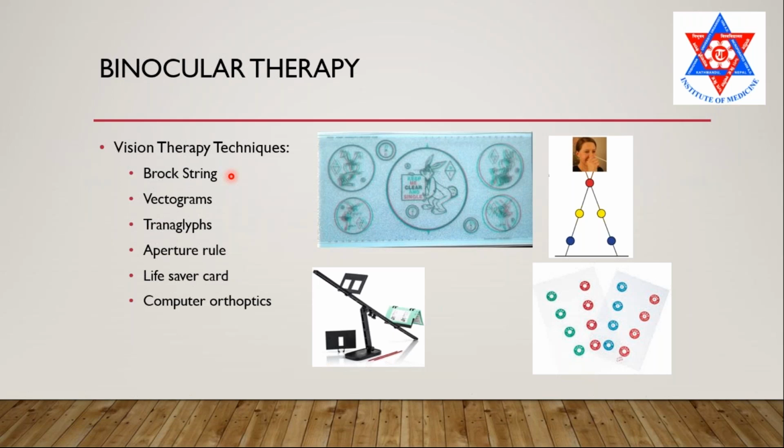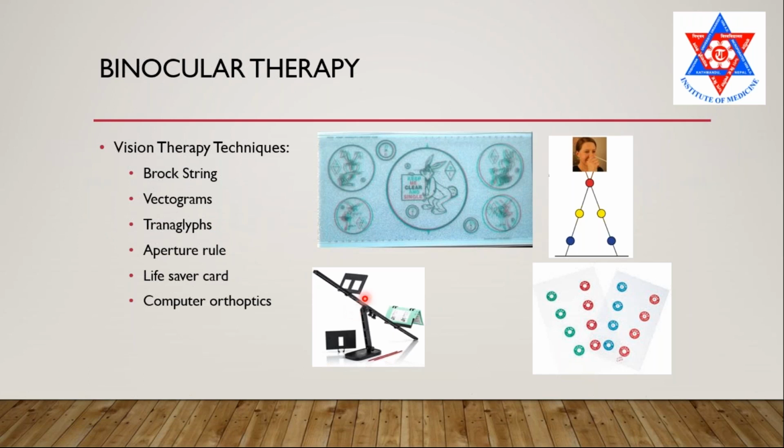It also develops some gross convergence. The vectograms increase both positive fusional vergence and negative fusional vergence, and also jump vergence. The trinaglyph again helps in improving fusional vergence, and also decreases the amount of central suppression.